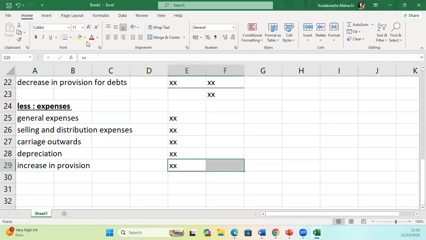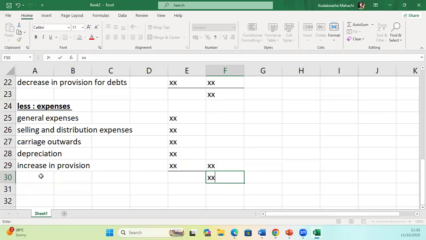Their nature is mainly that you pay for them on a monthly or regular basis. So you list down all the expenses that we are incurring. Then after listing down the expenses, you get your net or operating profit. So this one is the operating profit.